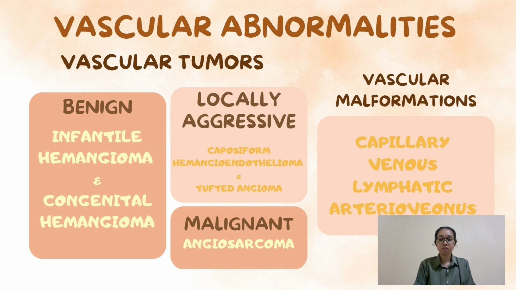The locally aggressive category has kaposiform hemangioendothelioma and tufted angioma, and malignant tumors include angiosarcoma. Vascular malformations are divided into 4, namely capillary malformation, venous malformation, lymphatic malformation, and arteriovenous malformation. The specific explanation can be seen in the PowerPoint.